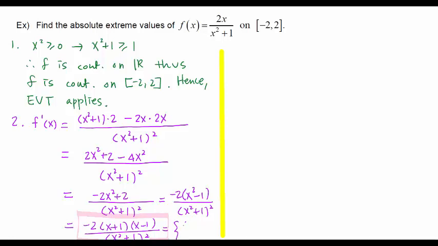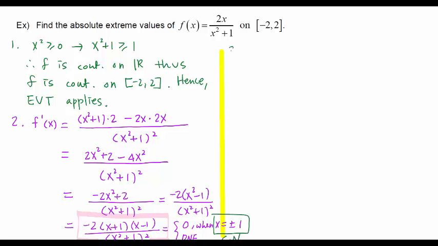F prime equals 0 when x equal plus minus 1. And when does f prime not exist? Well, this f prime always exists because for any x you plug in, your denominator never can be equal to 0. So you only have two critical numbers, and it is x equal plus minus 1.